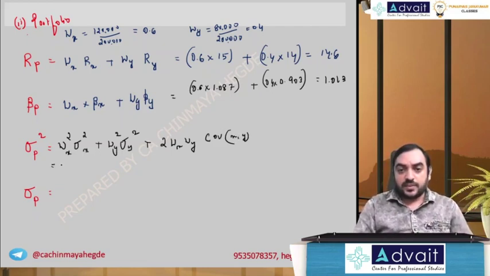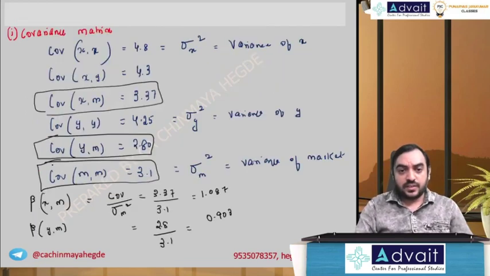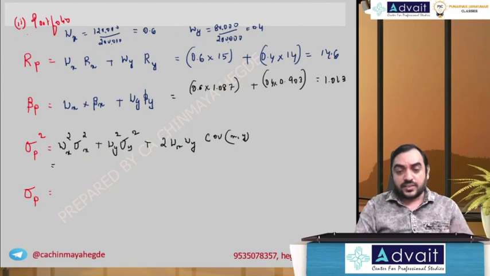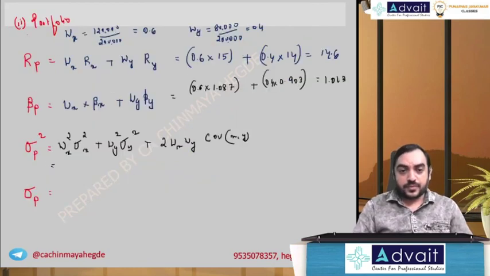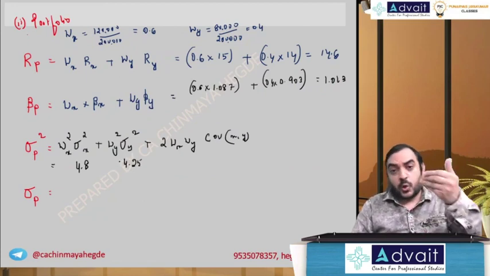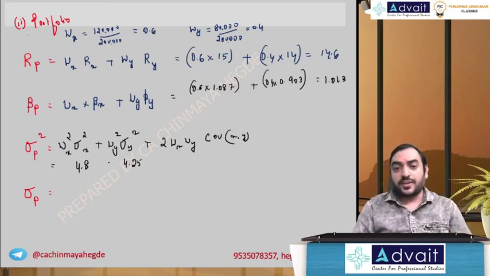So the weights are 0.6 and 0.4. Variances of x and y we already know, which are 4.8 and 4.25. That you don't square, that's already a variance, that's already a square.